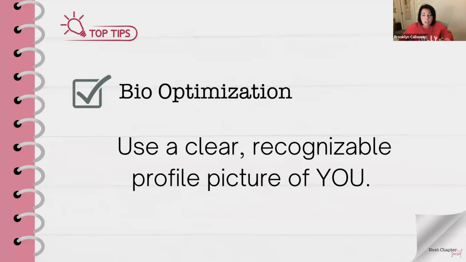You want to be clear, recognizable, and the picture of you. Okay. So that's numero uno. Clear, recognizable. I wrote down that if your logo has got a lot going on and it's hard to read right off the bat, you need to edit it. You can use that version of your logo on other things, but in that tiny little circle, you want it to be very, very clear.